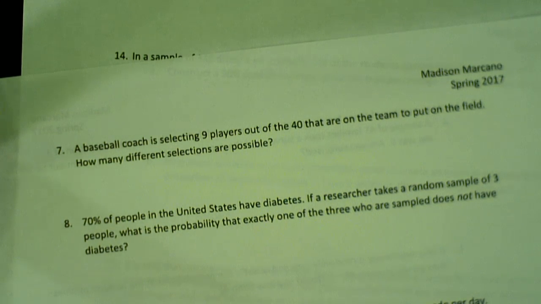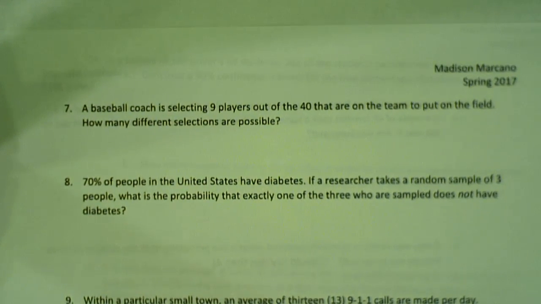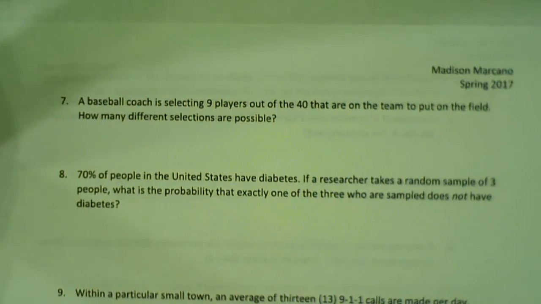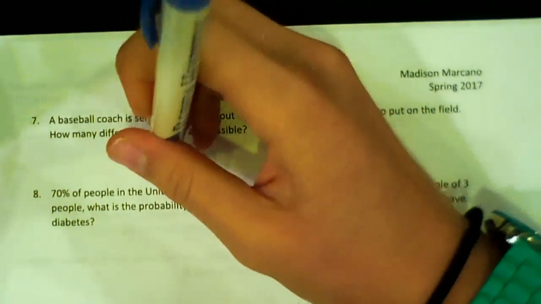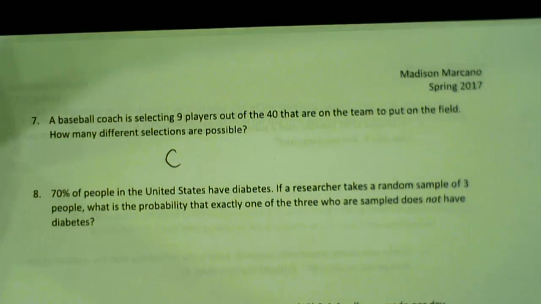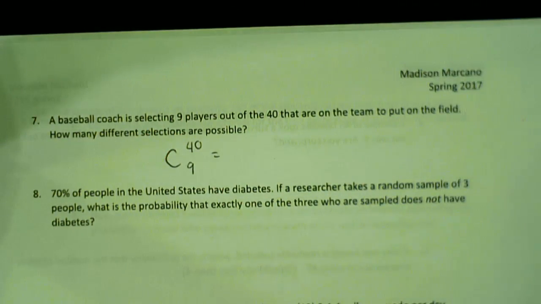All right, so next one. A baseball coach is selecting 9 players out of the 40 that are on the team to put out on the field. How many different selections are possible? So out of all the counting rules, which one would this be? I heard someone say it's combination, right? Because changing the order of the players wouldn't make a difference. So order is not important in this case.